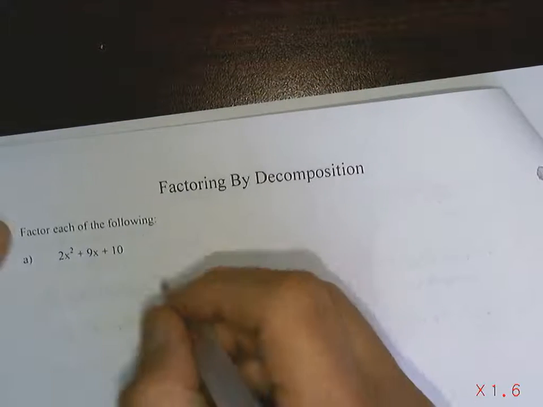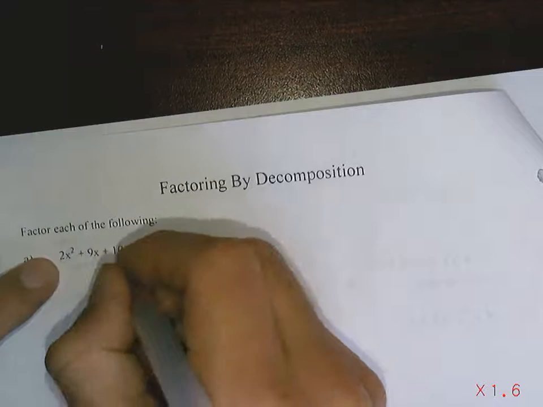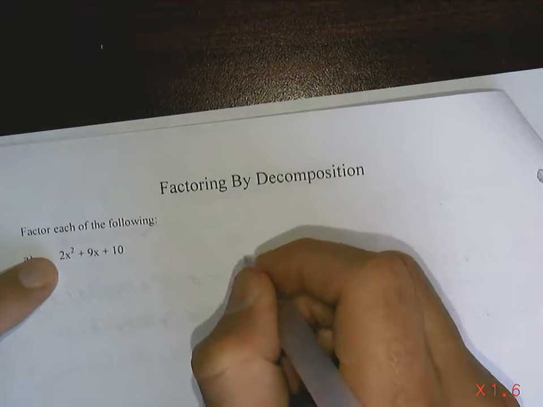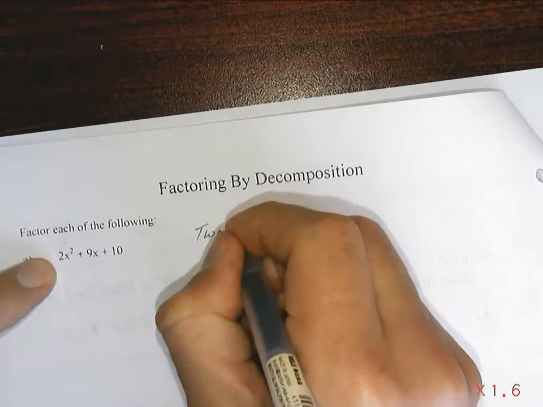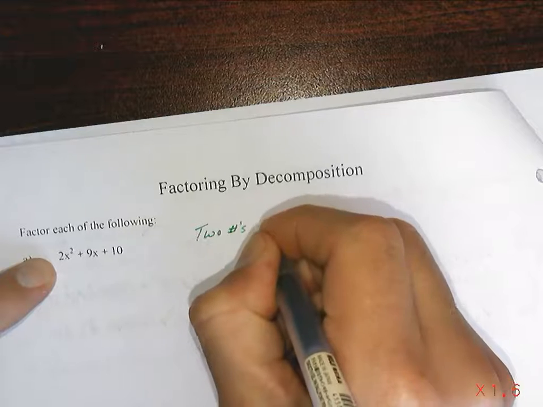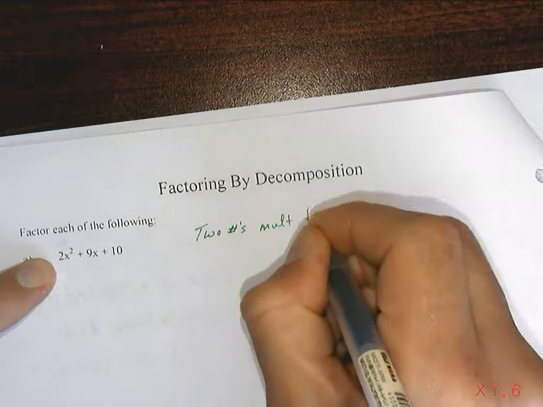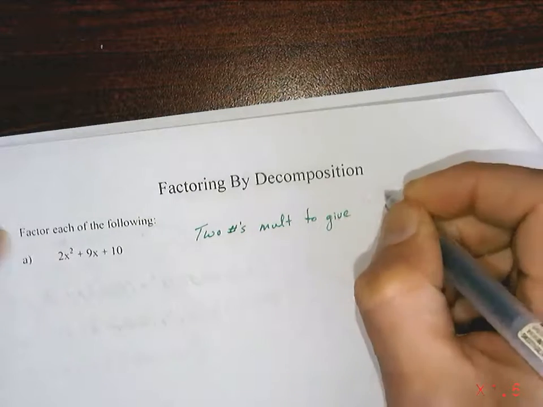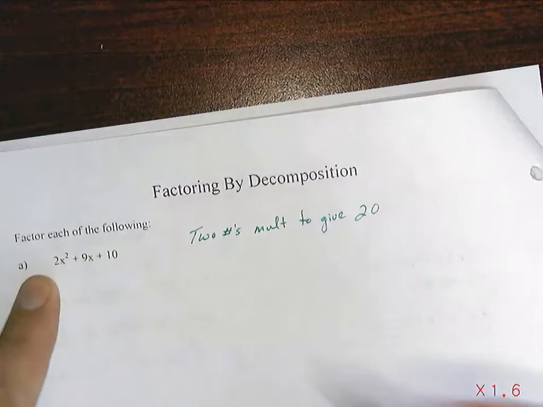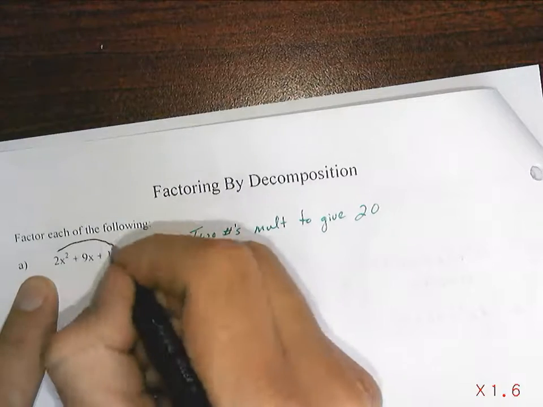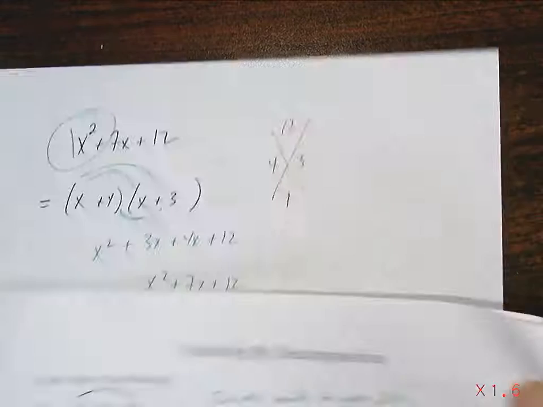So the first thing is, I'm going to tell you I want two numbers that multiply to give 20. Now, where did the 20 come from? The 20 comes from 2 times 10. Now, we've never done that before, but we actually were.